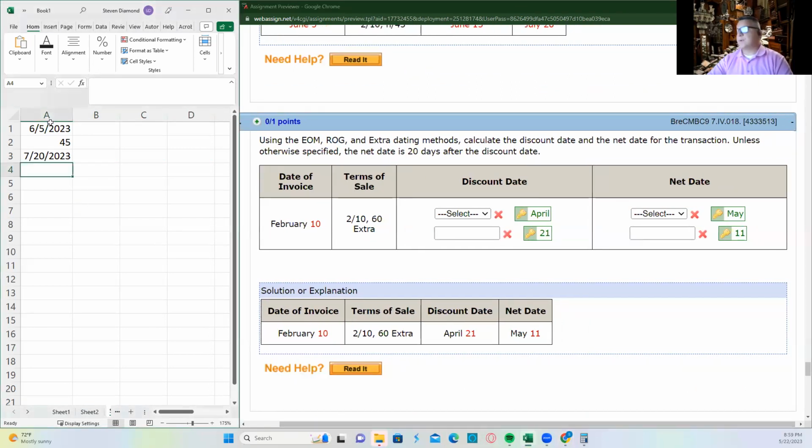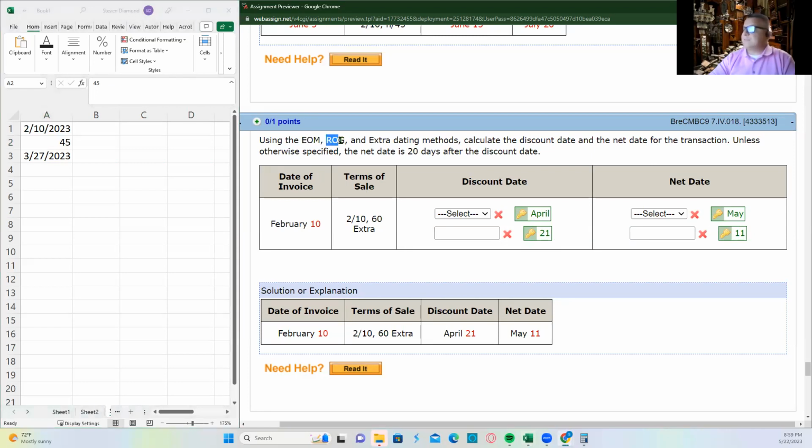Another one. So February 10th, 10 days, which would be February. Okay, this one is giving you different terms here. This is from end of month, EOM.